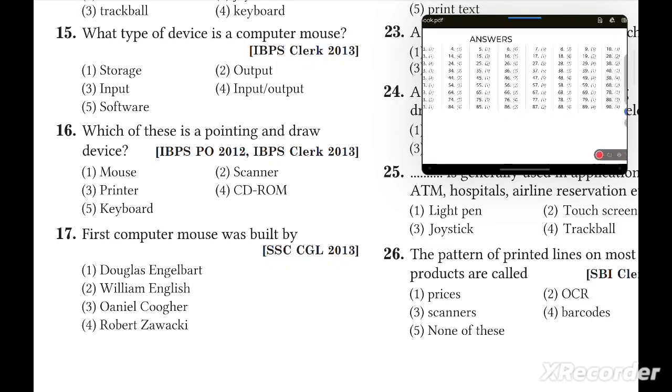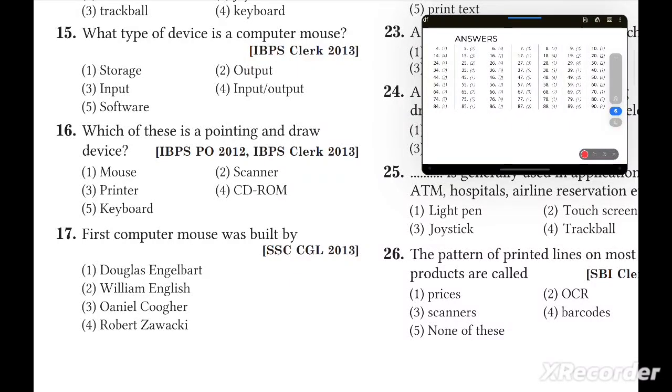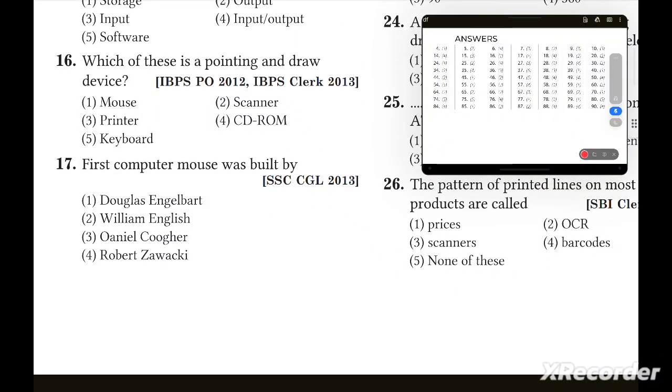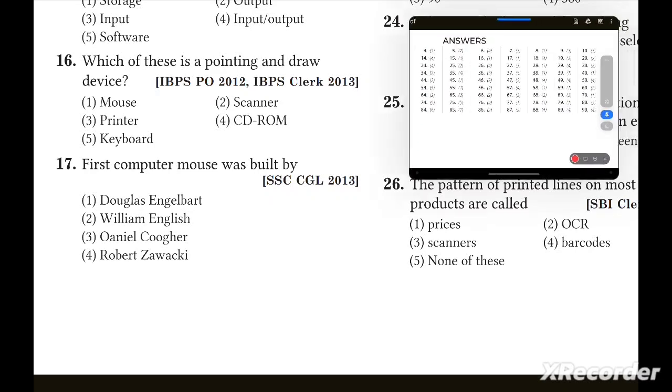First, mouse; second, scanner; third, printer; fourth, CD-ROM; fifth, keyboard. The correct answer is first, mouse. Next, first computer mouse was built by: first, Douglas Engelbart; second, William English; third, Oneill Cougar; fourth, Robert Jaworski. The correct answer is first, Douglas Engelbart.